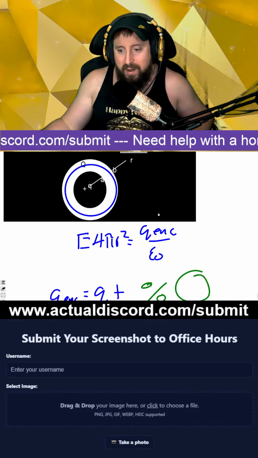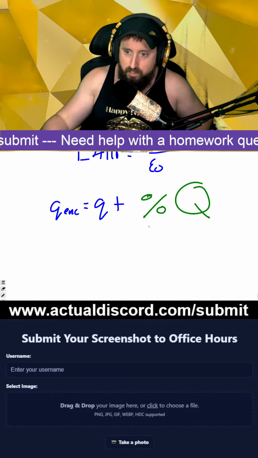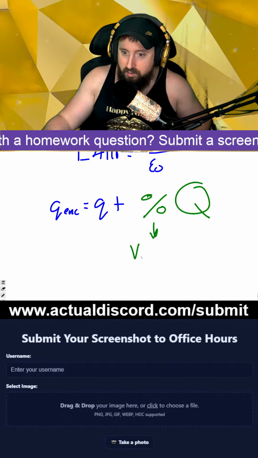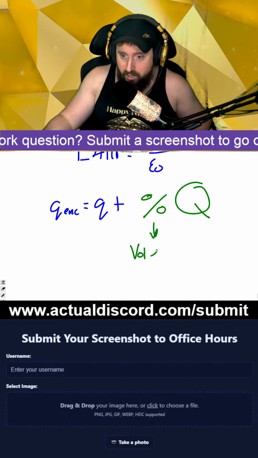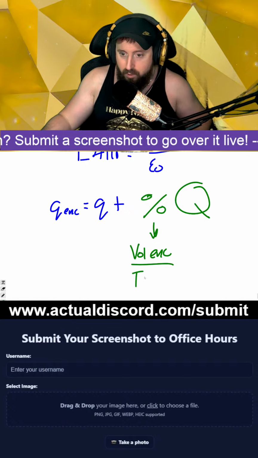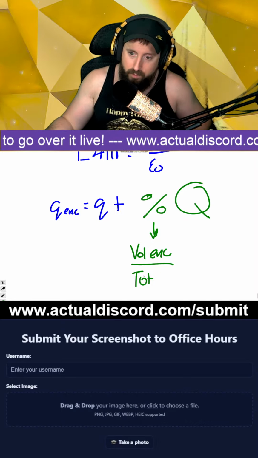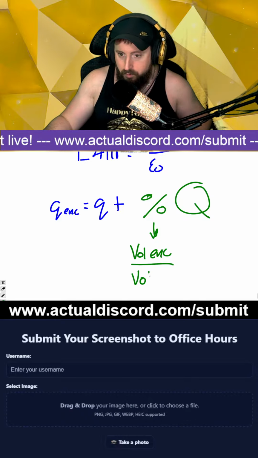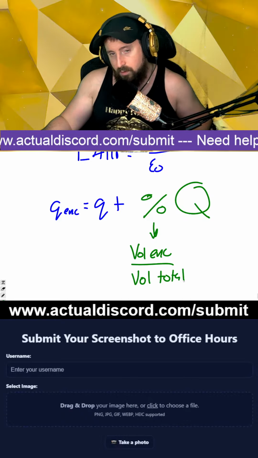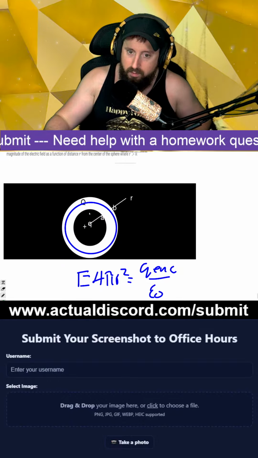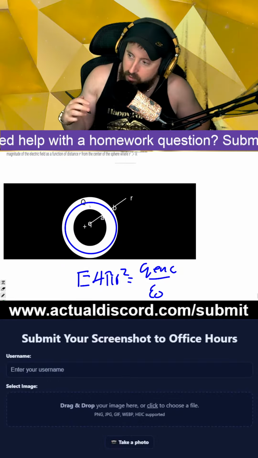The way to do that, this percentage of big Q, is always a volume thing. So this is proportional to the volume enclosed divided by the total volume, V enclosed over V total. Now let's figure out what the total volume is for two concentric spheres.